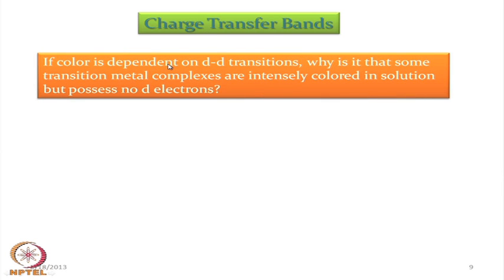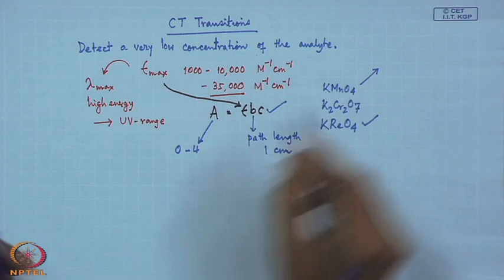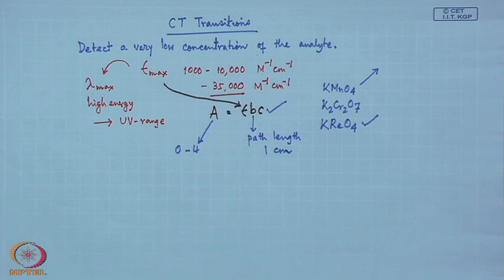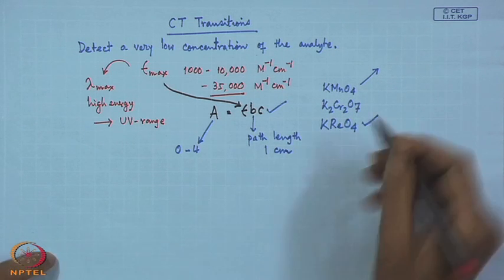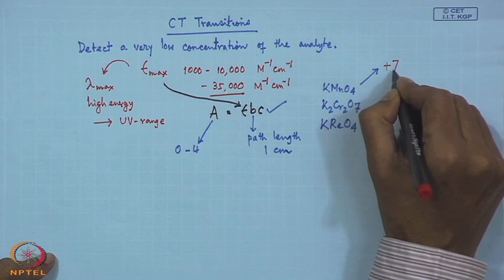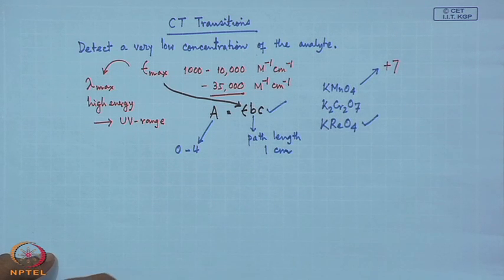For d-d transitions the color depends on that transition, but why are some transition metal complexes intensely colored in solution even though they do not have any d electrons, such as this KMnO4, where manganese is present in the +7 oxidation state?